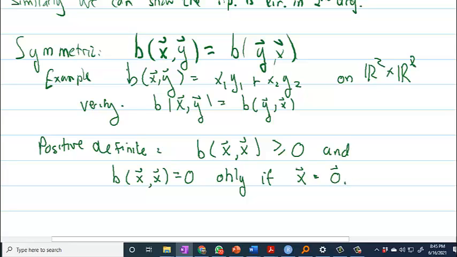So here I always get a non-negative number when I take b of x, x, and I only get 0 when the vector x itself is the zero vector. So that's the complete introduction to a positive definite, symmetric, bilinear form.